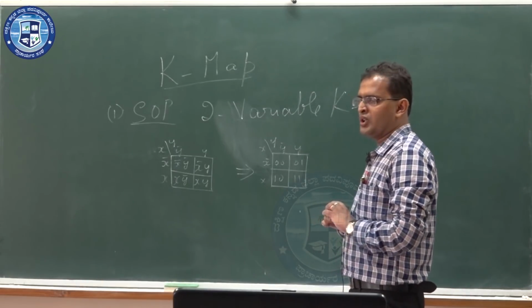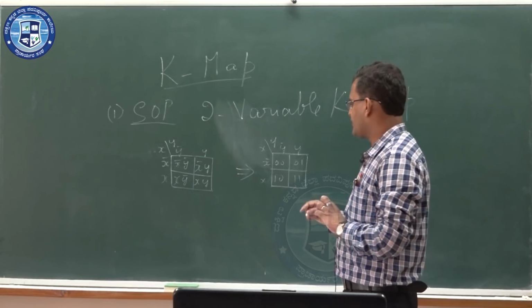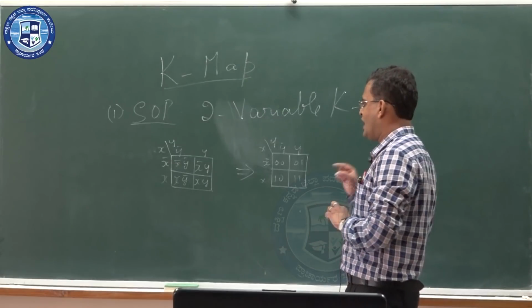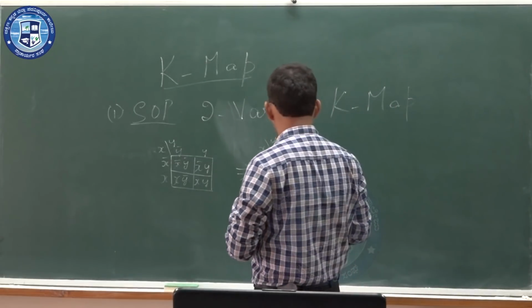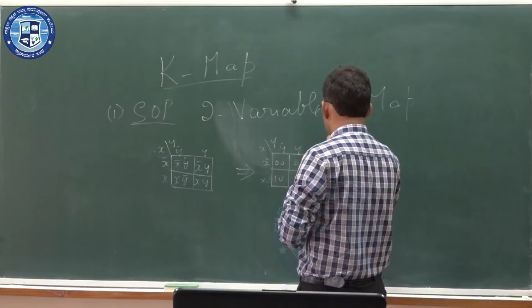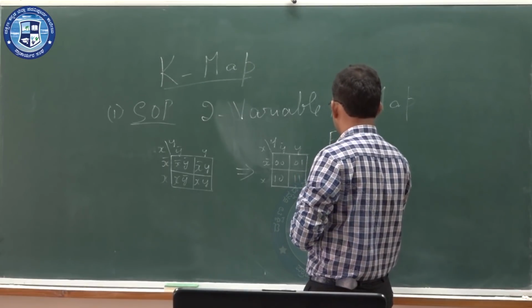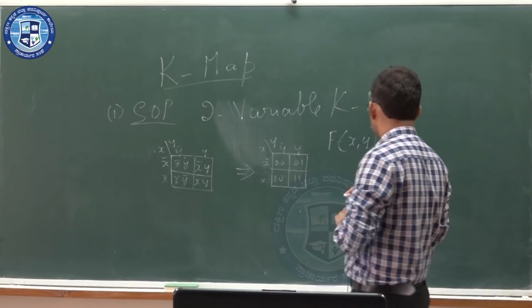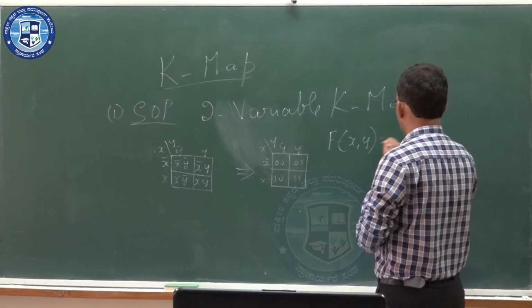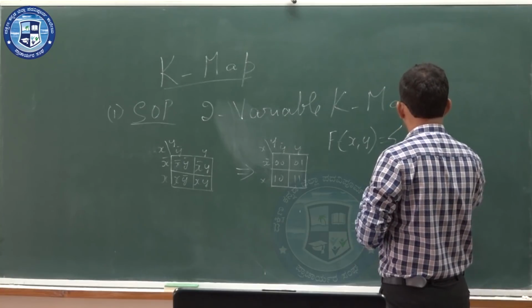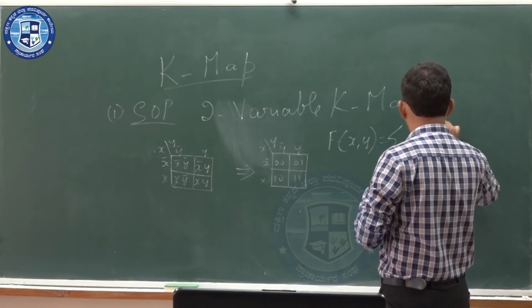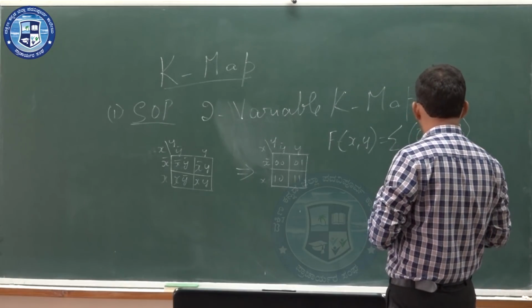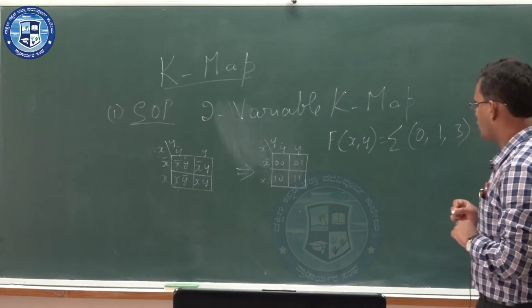Now, here I want to tell you one thing. When I want to map a function, for example, f of x y equal to summation of 0 comma 1 comma 3.